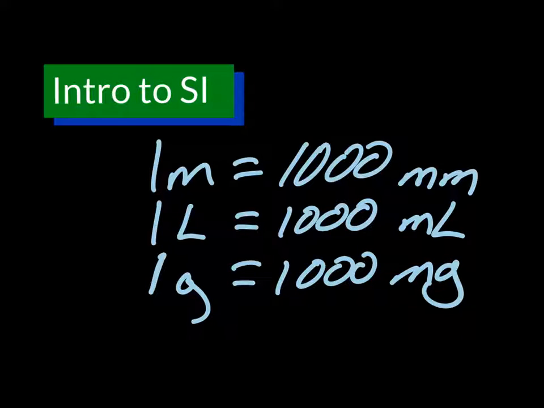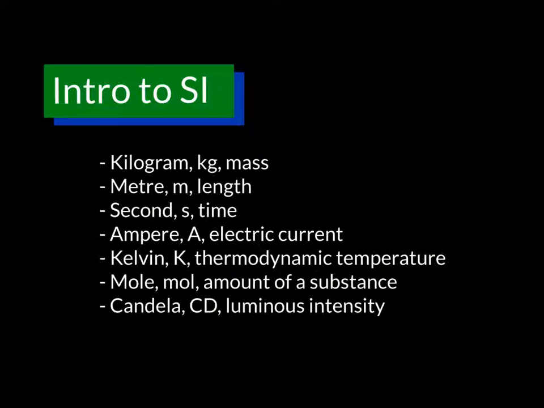It's all the same. SI units are made of a base unit and a prefix. And you're probably familiar with the base units, meters for distance, liters for volume, and grams for mass. But the SI system has 7 base units, and it's actually kilograms, abbreviated kg, for mass, but we're going to refer to grams anyway to keep things consistent.